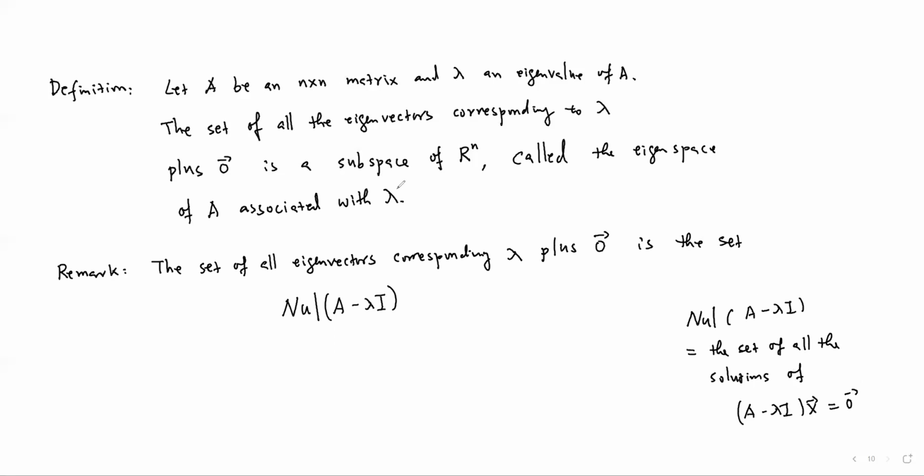This is the definition of null space of a matrix. So actually, the eigenspace is the null space of A minus lambda times I. This is the eigenspace of A associated with lambda. This is from the definition of null space.